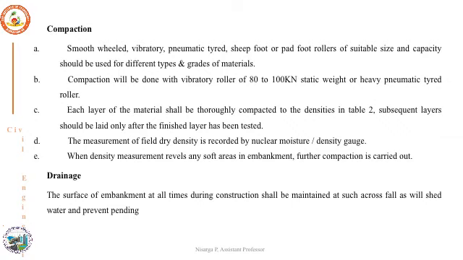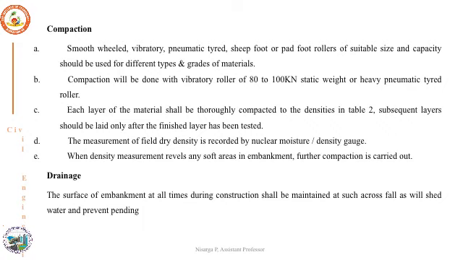So each layer must be compacted to the density requirement as we saw earlier, and the subsequent layer should be laid only after finishing the first layer. We have mentioned that the thickness of an individual compacted layer must not exceed 200 mm.